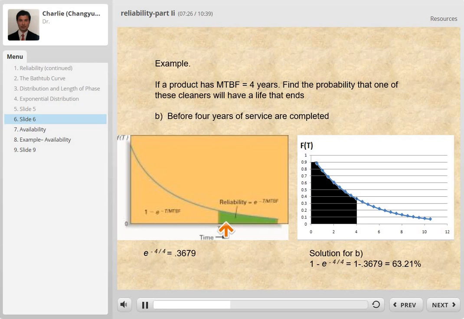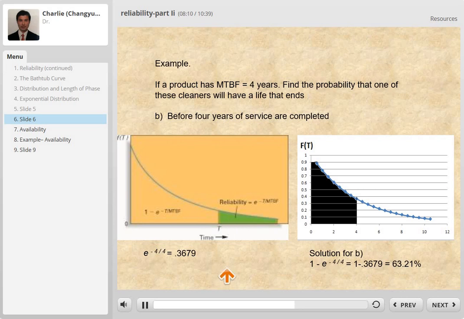the size of this green area equals 0.3679. If you are not sure about this, you can go back over the past 3 slides and you will find that. From probability theory, we know that the whole area under this curve and above the x-axis equals 1.